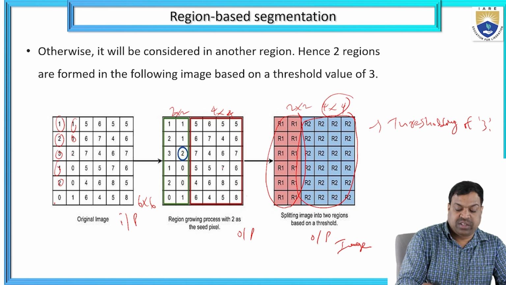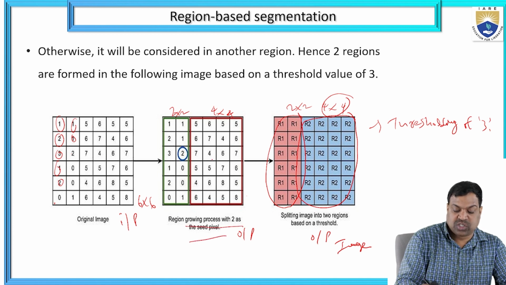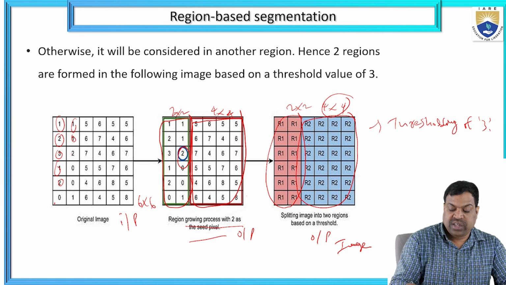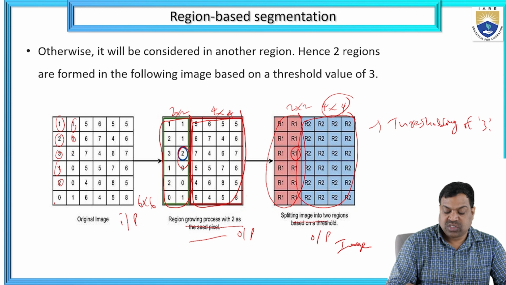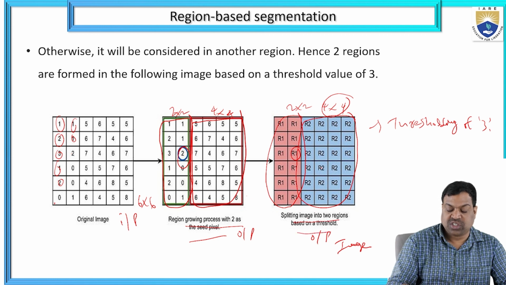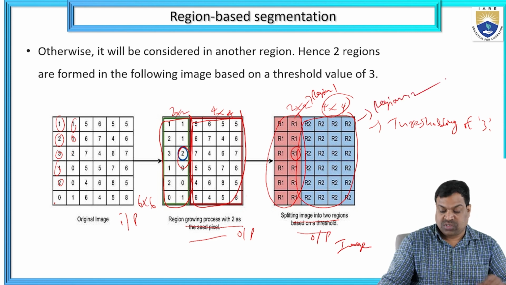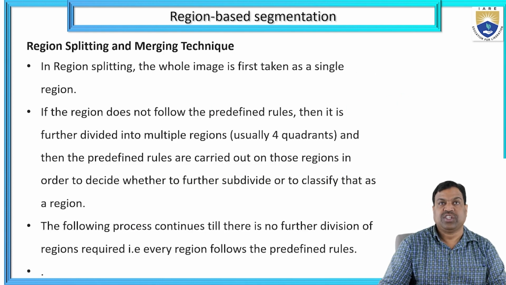When the region growing process of 2 is applied with a seed pixel, I'm converting it as 2 separately and 4 separately. This 2 belongs to R1. Why? Because of splitting the image into two regions based on a threshold. It is region 1 and it is region 2. So it is converting to region 1 and region 2.